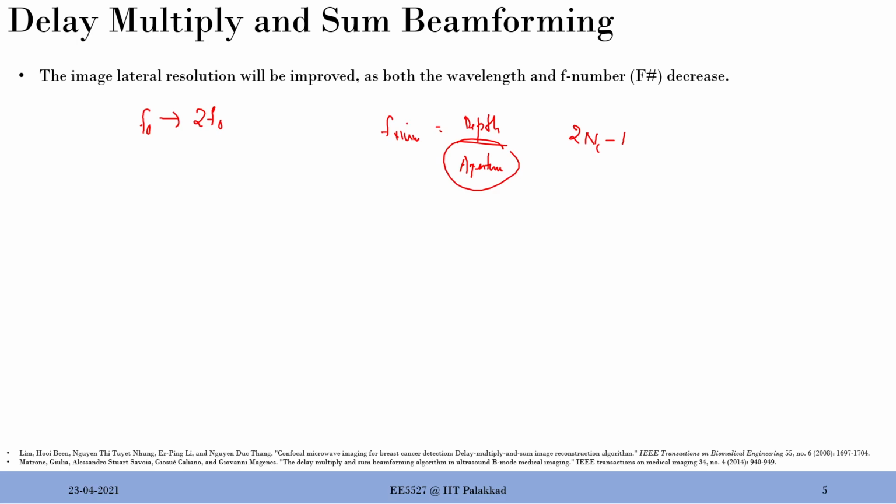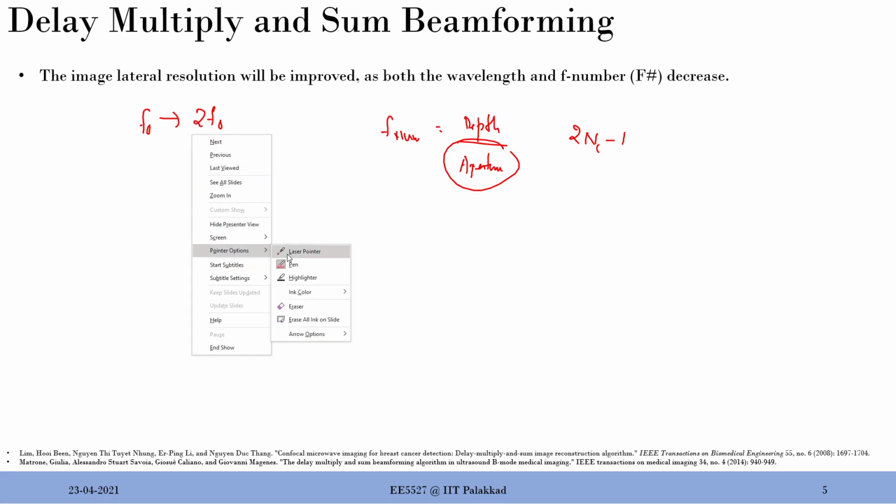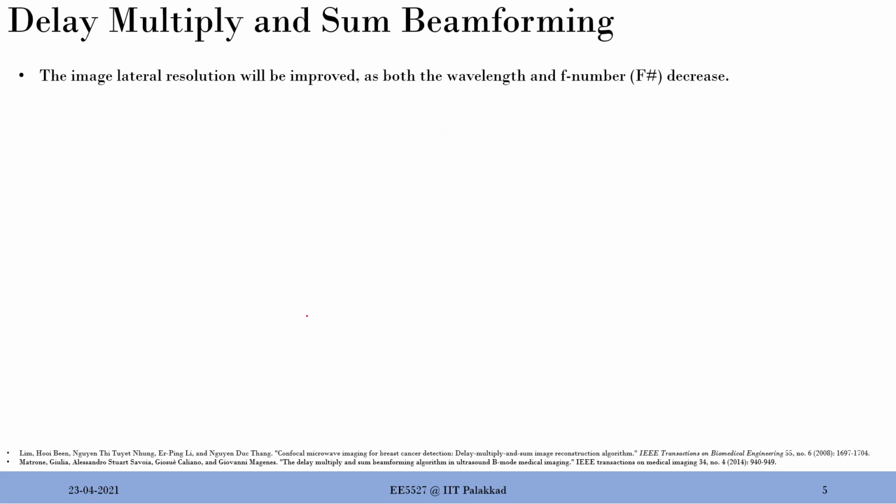Wider aperture means you can think of your transducer length increasing, so the beam pattern is going to get reduced, right? That is the advantage you are going to get out of it. So the wavelength gets reduced to half, as well as the aperture increases almost like double. So both are going to help you in having a better lateral resolution.